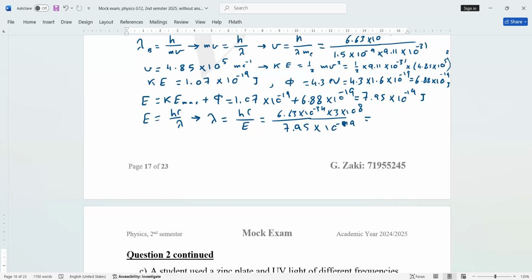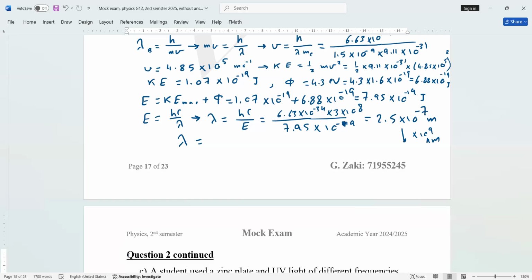So the answer here: 6.63 times 10 to the power negative 34 times 3 times 10 to the power 8 divided by the answer. It's 2.5 times 10 to the power negative 7 meter. We need to convert it to nanometers, so multiply by 10 to the power 9.